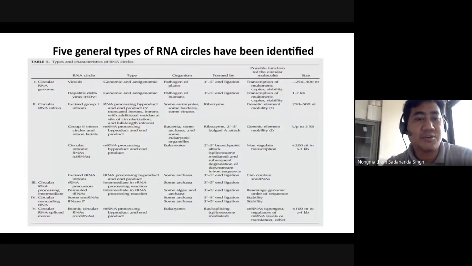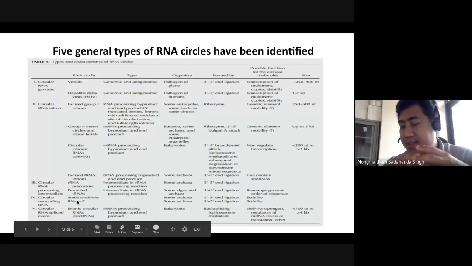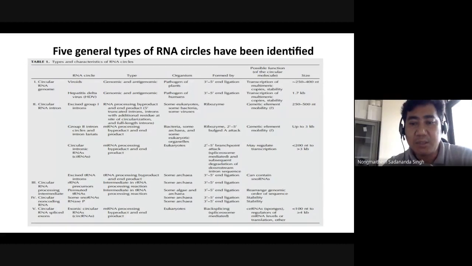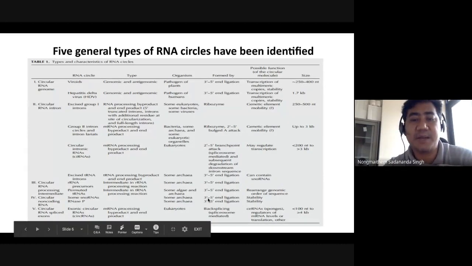And then circular non-coding RNAs, like many of the small nucleolar RNAs are circular. For example, RNase P has a circular RNA component, and you can see here the 3', 5' ligation. And then circular RNA splice exons, including the exons when there is a back splicing.